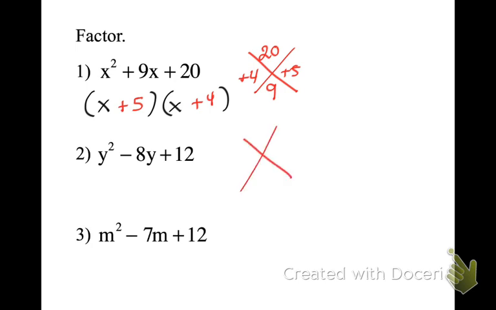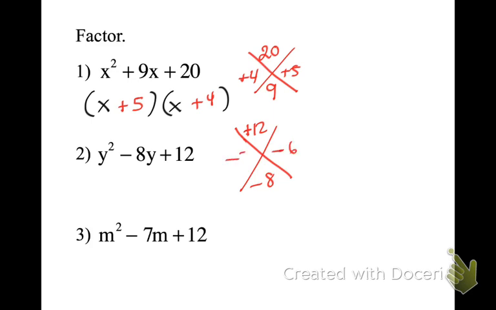Okay, let's try it again. What multiplies, Eden, what do I put up top? 12 and negative 8. Good. So what multiplies to positive 12 and adds to negative 8? So I want to give other people a chance. Ethan. 6 and 2. Positive? Negative what? Both are negative.